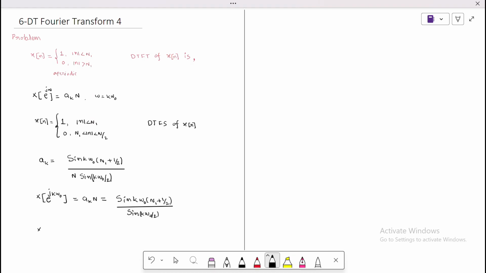Then X of e power j omega is equal to sine of omega into n1 plus 1 by 2, by sine of omega by 2.